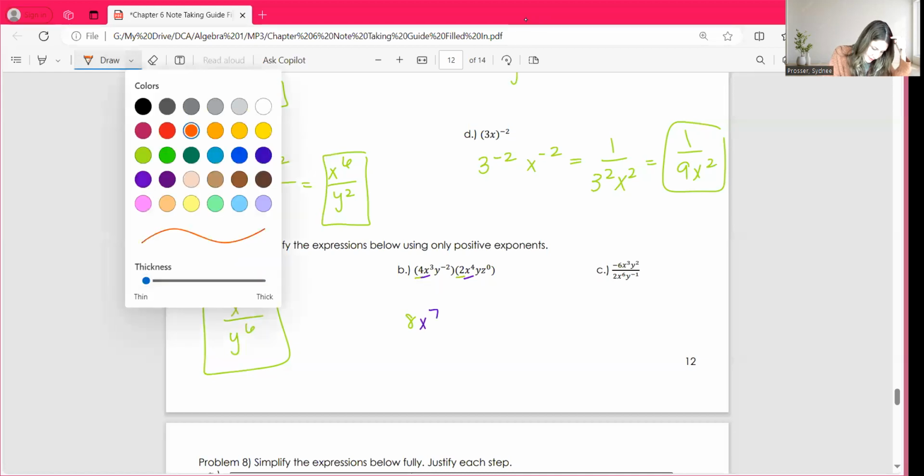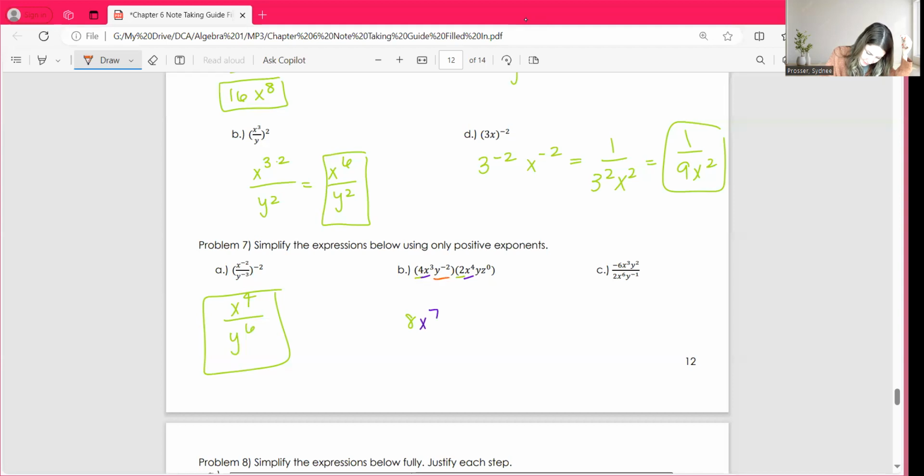Let's check out the next variable, y to the negative 2 times y to the 1 first power. Multiply variables, add the exponents. I've got negative 2 plus 1 gives me negative 1. And we can just write that as negative 1 for now. We know what that's going to end up being.